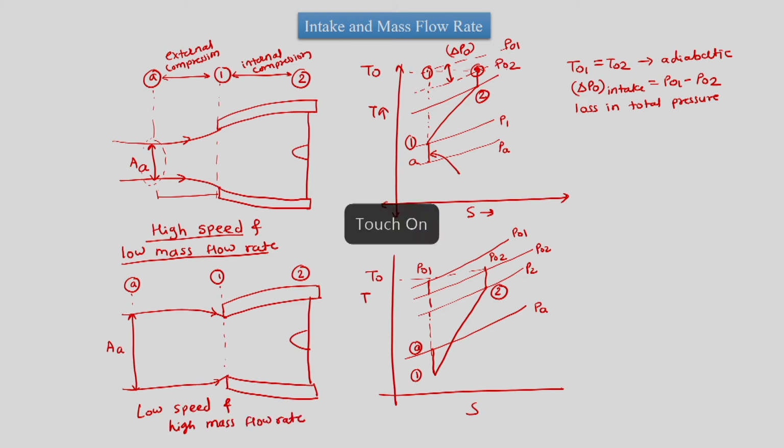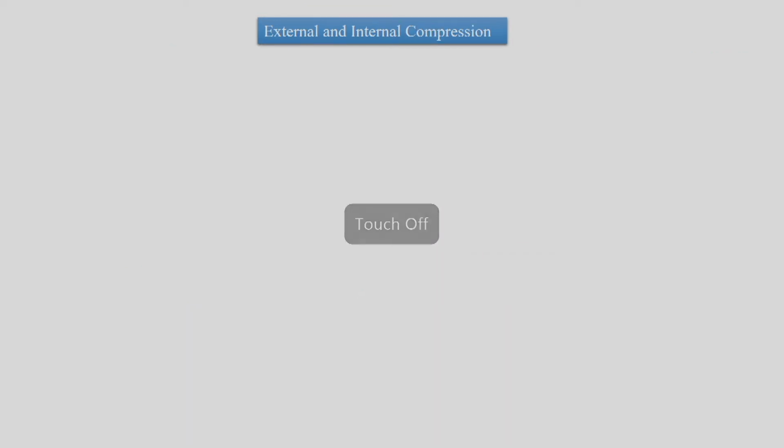So, these are the flow patterns in the intake which are telling us how the streamlines would be around the intake. So, now we will move and see how we can have variations in external and internal compression.